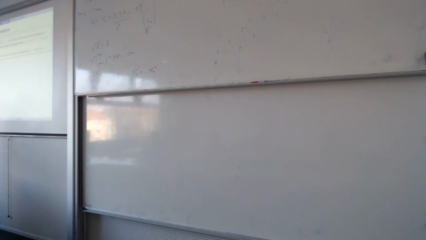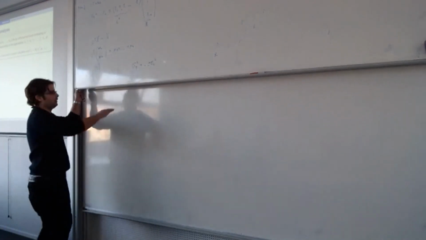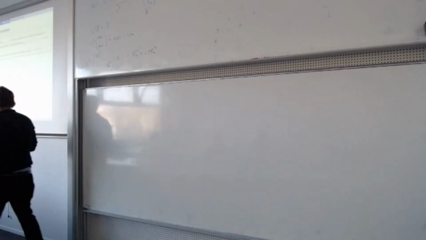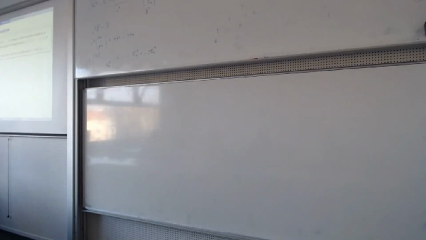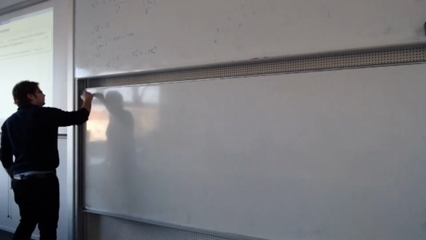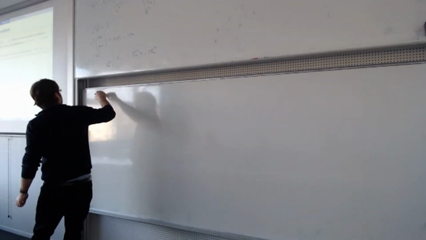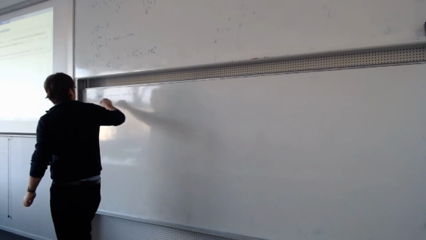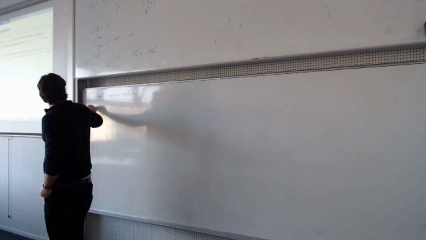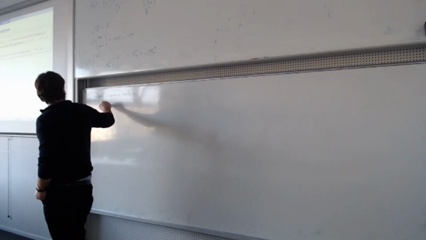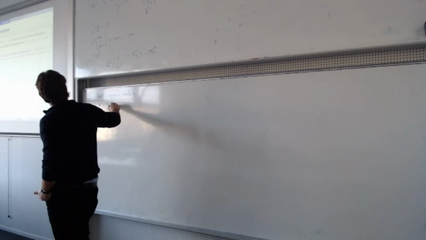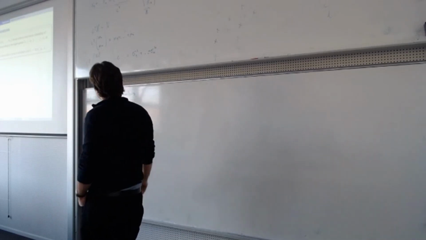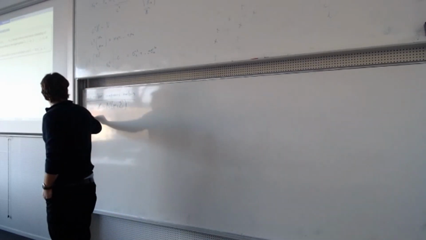Now, how to do that? Let's see. This concept is called the principal components analysis, or PCA. Now, let the random vector x be normally distributed with vector of expectations mu and variance matrix sigma.